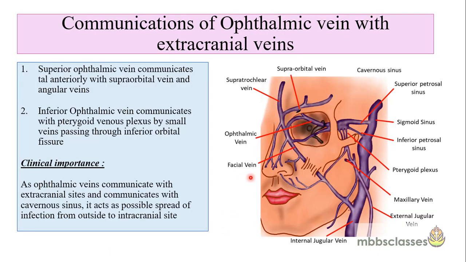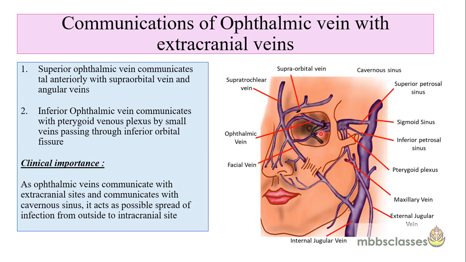Then if we see the communication of the ophthalmic veins with the extracranial veins, you can notice here the superior ophthalmic vein communicates anteriorly with the supraorbital vein and the angular vein, which then continues as the facial vein.